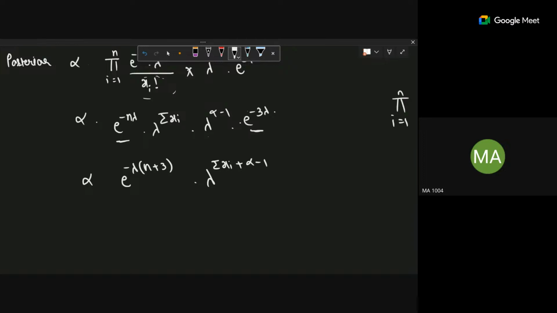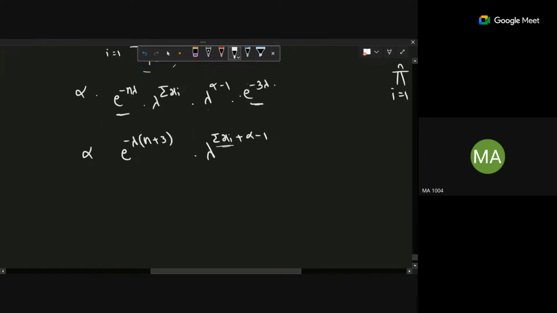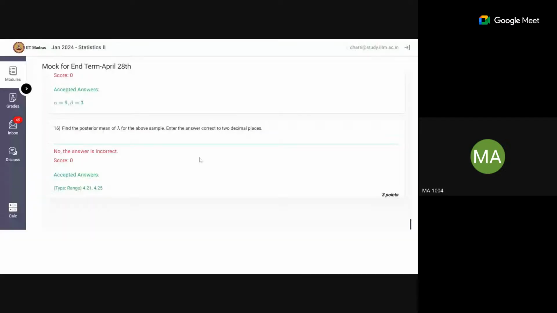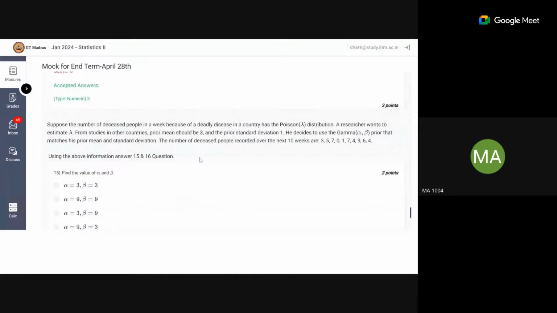Can we have this summation? Look at the question. We have a sample. This sample is given to us, 10 observations: 3, 5, 7, 0, 1, 7, 4, 9, 6, 4. We can add it, right?